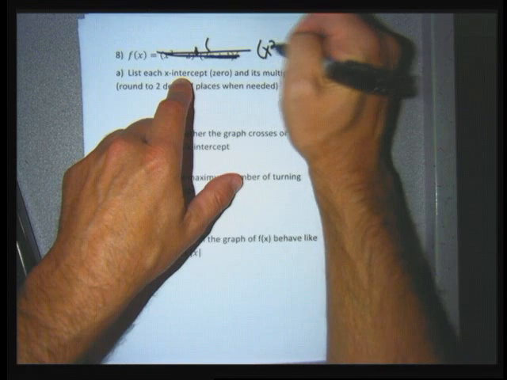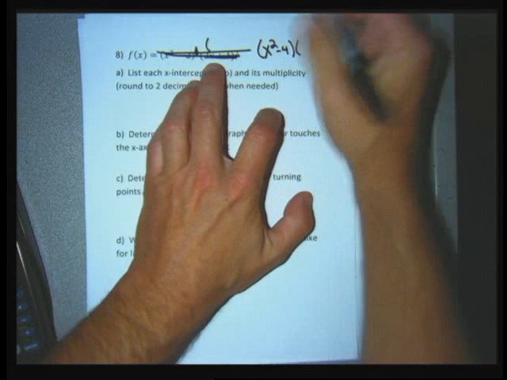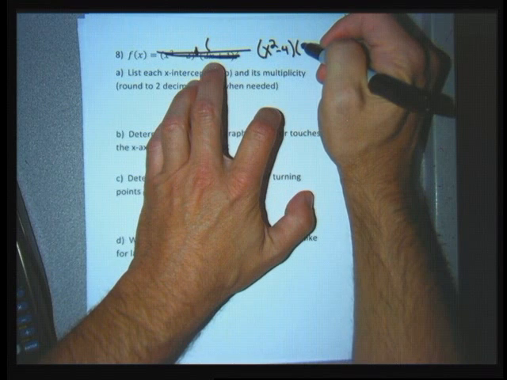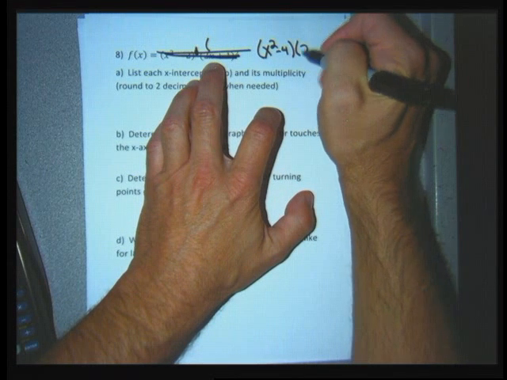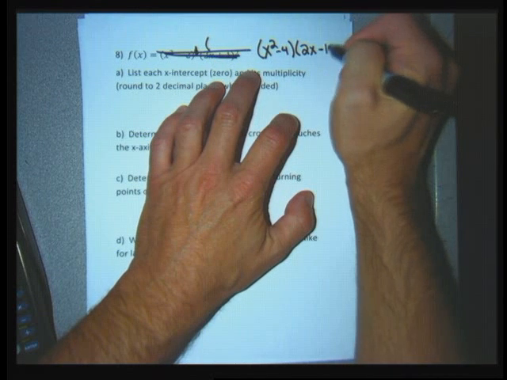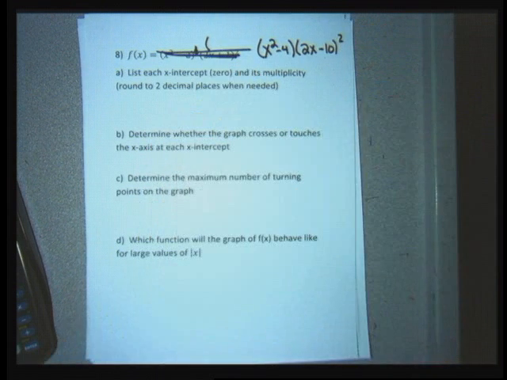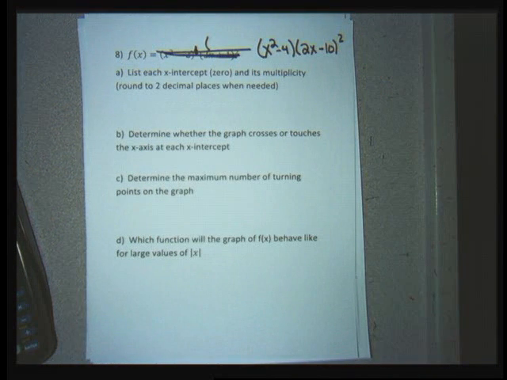I'm going to make this x squared minus 4 to the first power, and how about 2x minus 10 squared. Much better. I think much better anyways than the original problem.